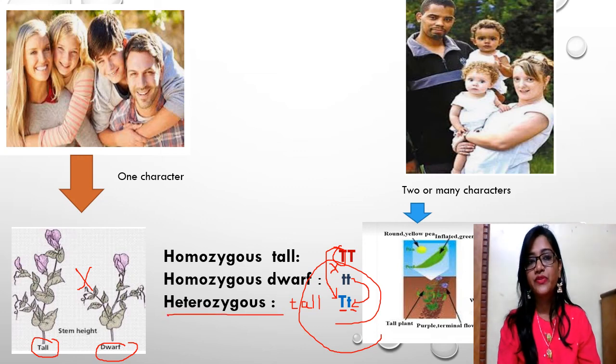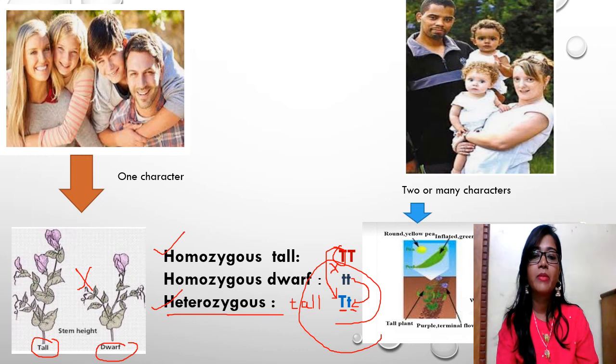Capital T is in contact with small t, but they remain separate, as they get expressed separately in the next generation, which we call the F2 generation.